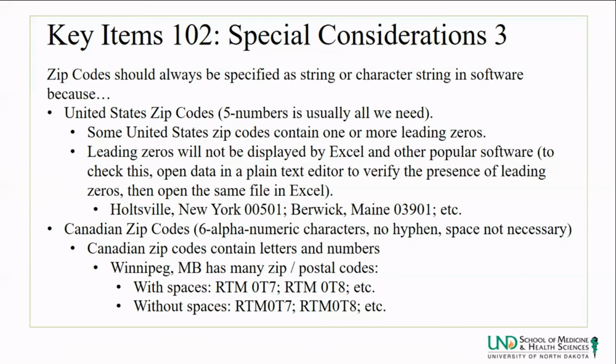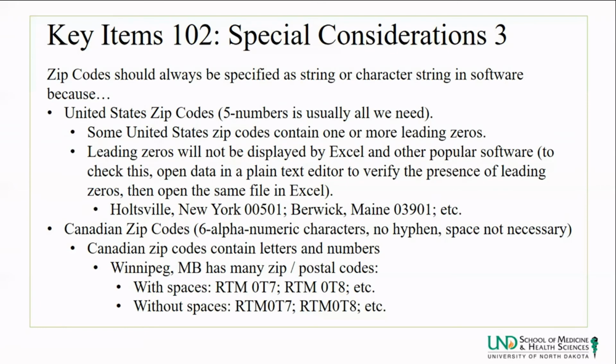But with respect to that, it's important to understand that some United States zip codes have 1 or more leading zeros, right? And you see some examples there. Holtzville, New York has a zip code that's 00501. And that's important because Excel, in Microsoft's infinite wisdom, by default will not show you the leading zeros, because the software is looking at a particular vector or column of values, and there's nothing but numbers in there.